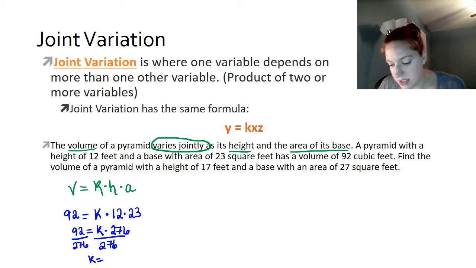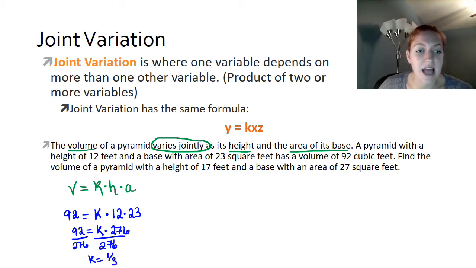It looks to be 1/3. So I can now plug that K right back in. Now my volume is 1/3 times my height times my area. And in fact, this is the formula for the volume of a pyramid.